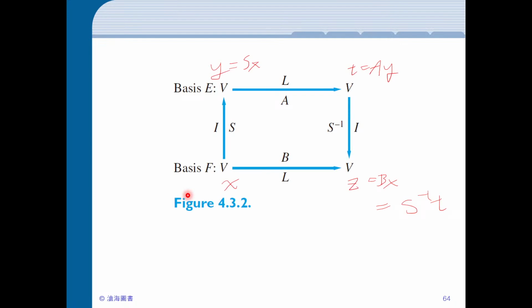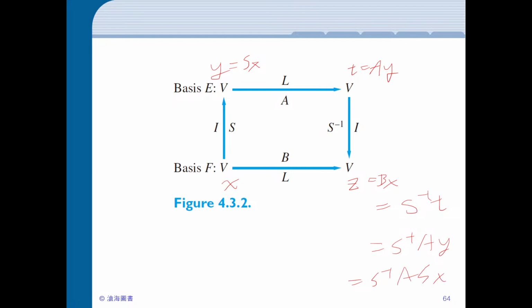Yeah, so let's write this here and it will be a little clearer. Z equal to S minus 1 A S, y equal to S minus 1 A S x.